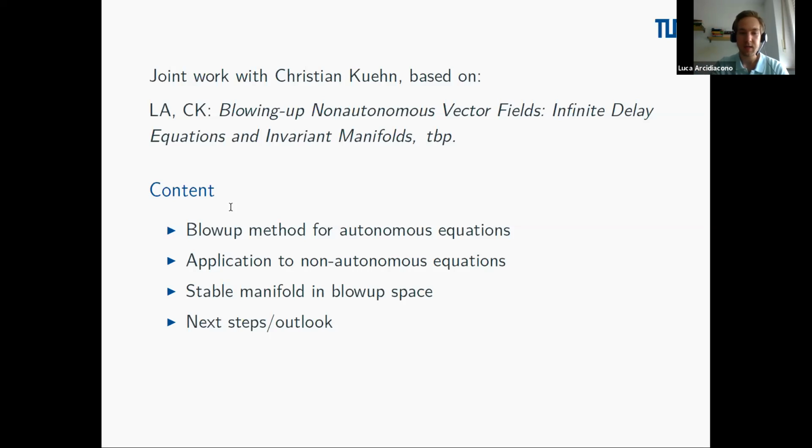On this phase space, we are then able to prove a stable manifold theorem, or unstable manifold, vice versa. And as a last point, we will see what future expectations can be seen from this field and how to proceed as next steps.